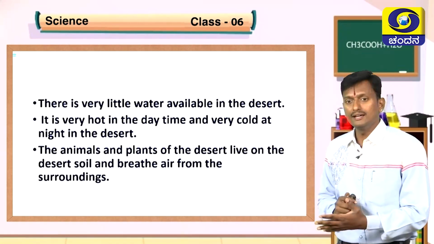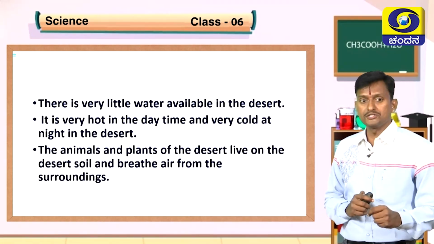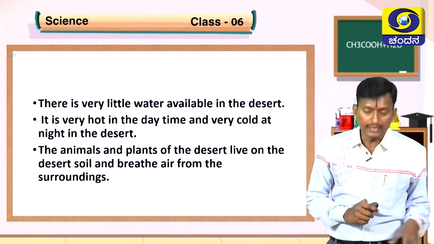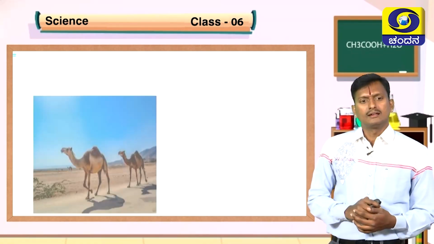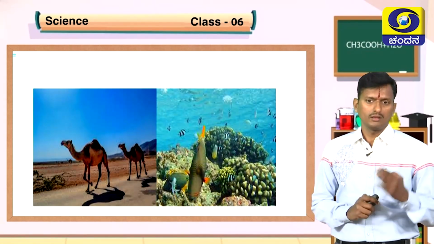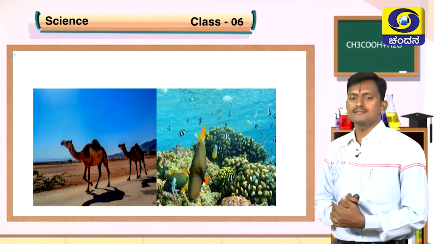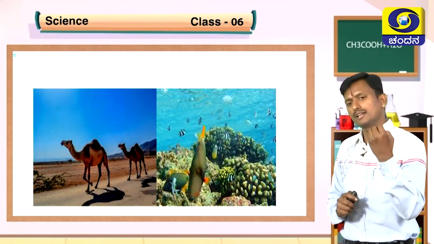But here, animals and plants are breathing the air which is available in the surroundings. So, what is the difference between these two? One is the camel in the desert and the other one is plants and fishes in a sea.